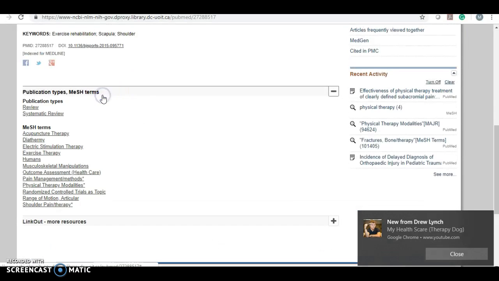When we look at the MeSH terms again, exercise therapy and physical therapy modalities seem like the appropriate ones to pick for the intervention part of the search. If I was in a work setting, I would ask the healthcare professional I was assisting if these were the appropriate ones to add.